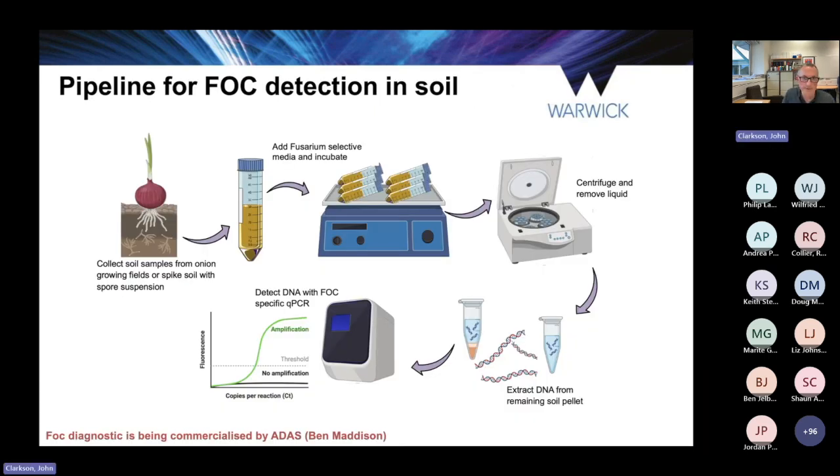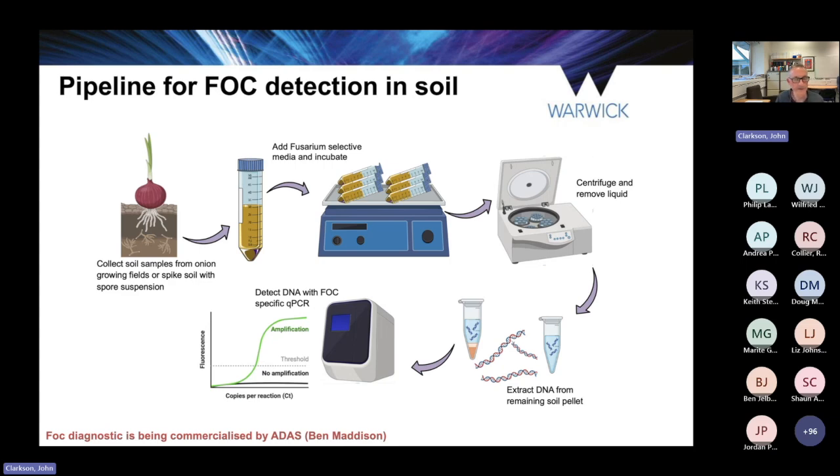As I said, the major challenge really for us was to increase the sensitivity of our molecular diagnostics. The way we went about doing this was leading on from a publication that was associated with the lettuce pathogen. Before extracting DNA, rather than extracting DNA directly from the soil, we add the soil into a Fusarium selective media and incubate for a bit.